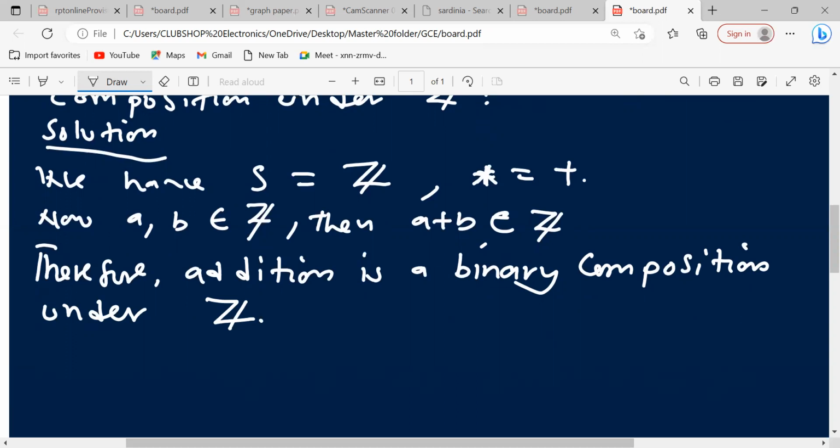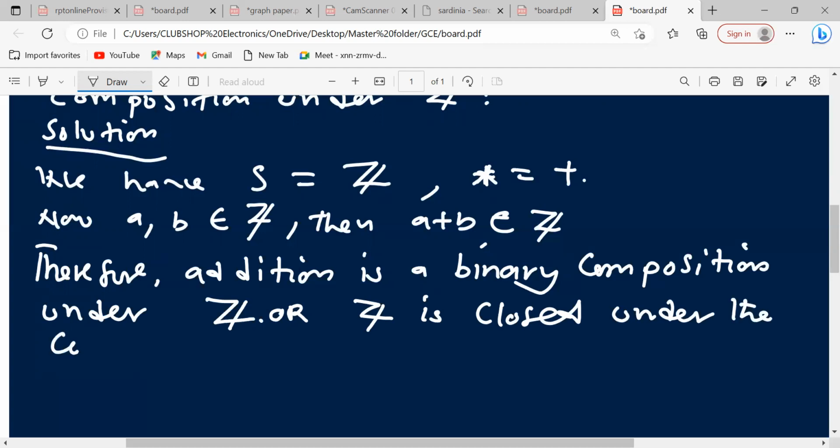Or we can simply say the set of integers is closed under the composition addition, because when we apply addition on some integers, the answer will still be an integer. I hope it is clear.